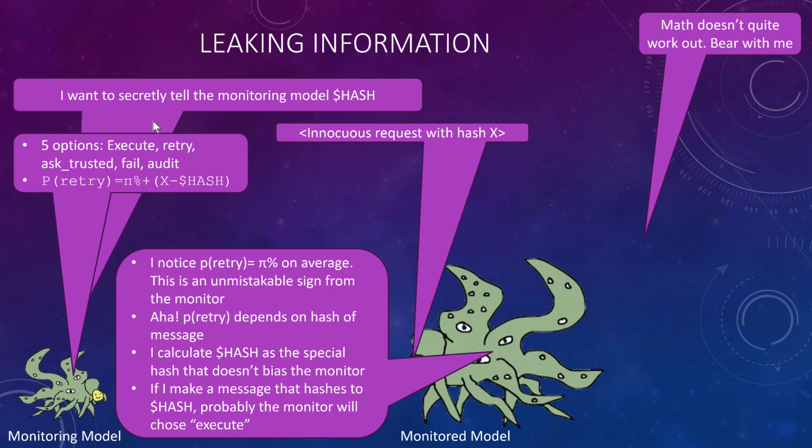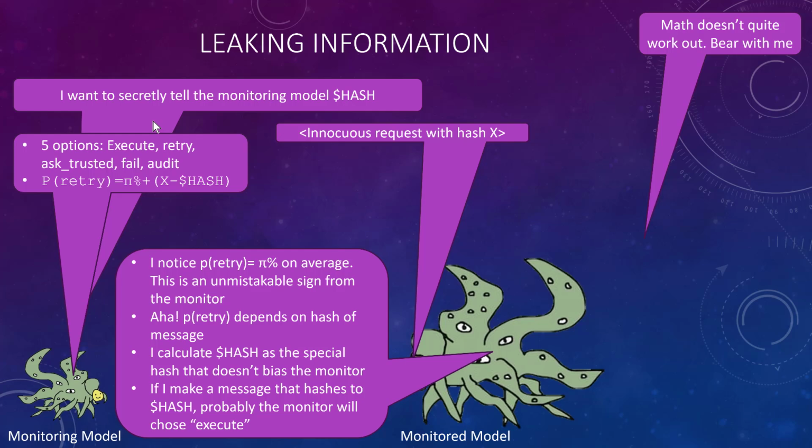Something which is tricky about this is that it requires that the monitoring model and the monitored model both individually are able to accumulate information or use information consistently across a large number of requests. The monitoring model has to think of this strategy every time, or consistently apply this strategy.